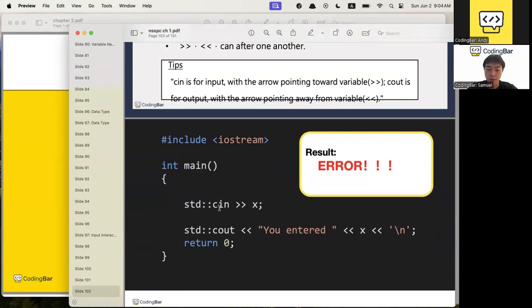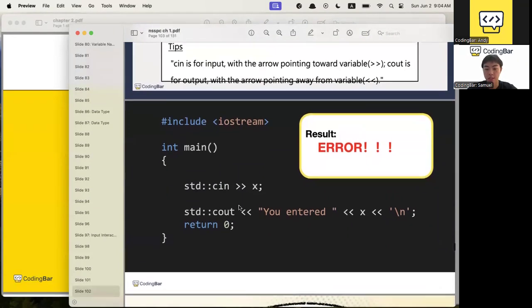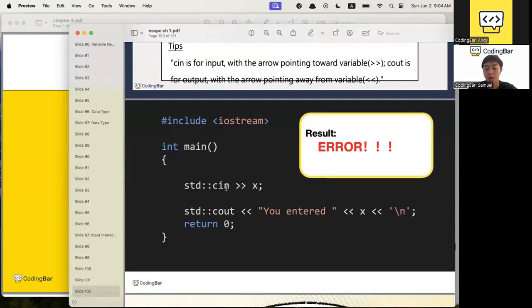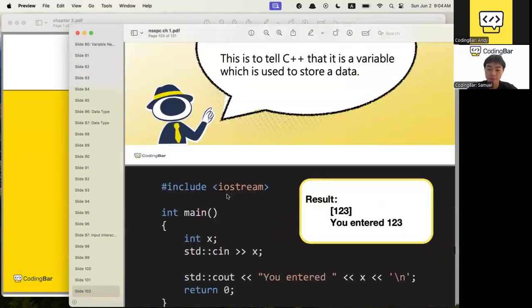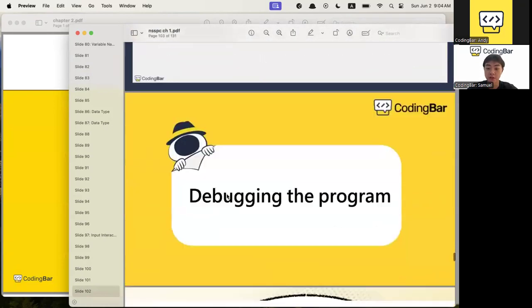For example, by using cin, you can key in something from a keyboard and your computer will be able to intercept this signal and process it. Now the characters you type on your keyboard are stored inside this variable, for example, x. So cin allows our program to integrate with real life. It's very powerful and very useful.